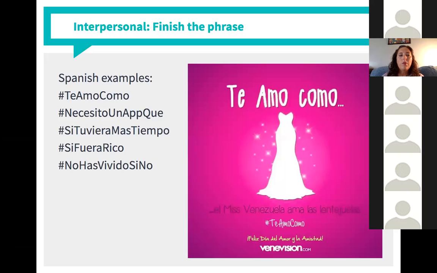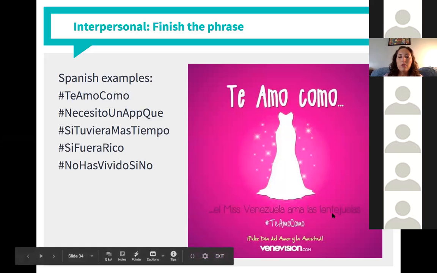So this is an example of using phrases as sentence starters, the hashtags. So for example, this says, I love you like Miss Venezuela loves her sequins. And this was a Valentine's Day campaign.